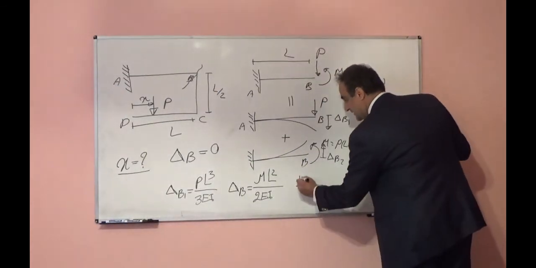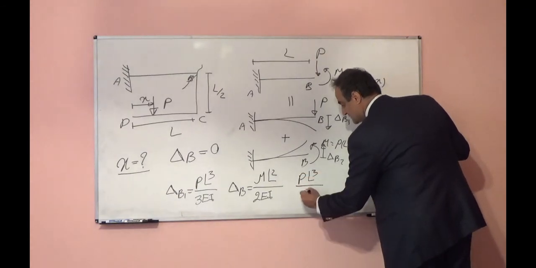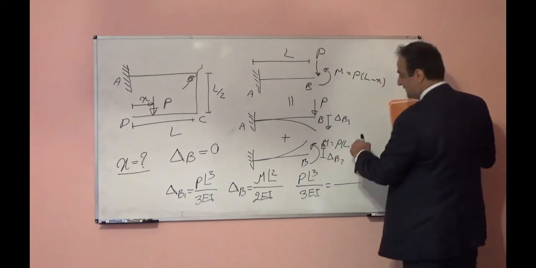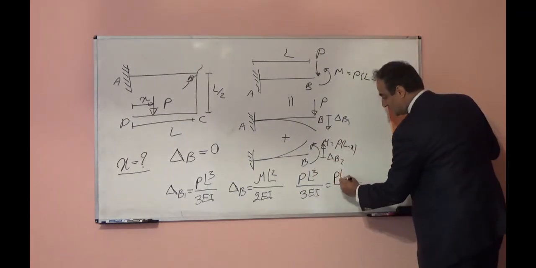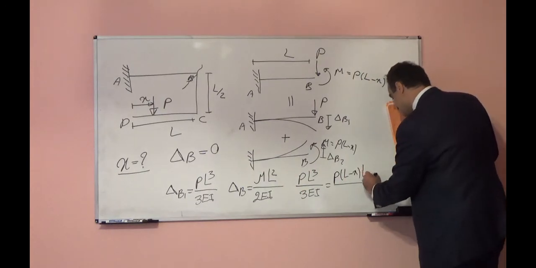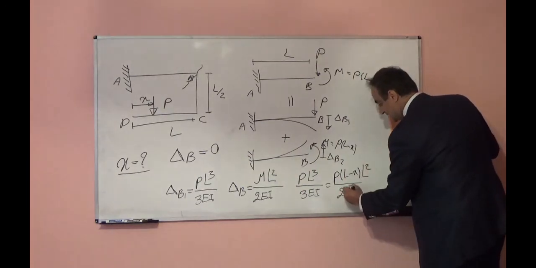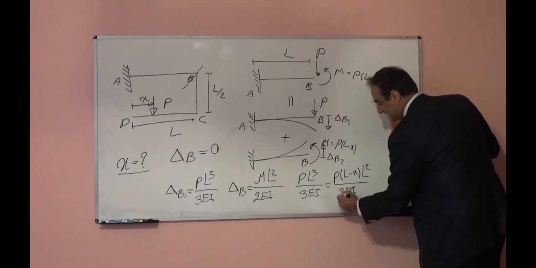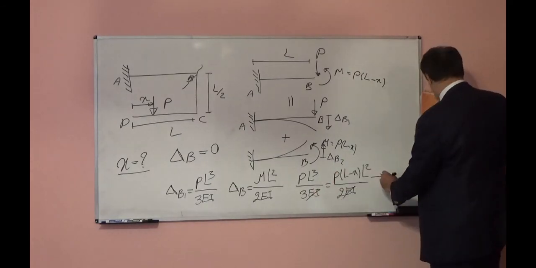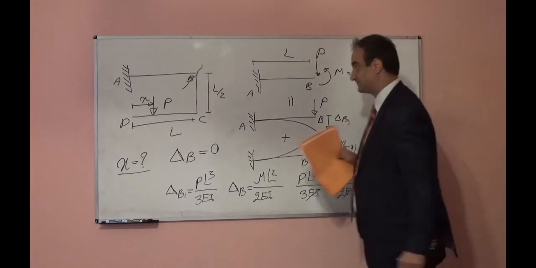So P L cubed over 3EI should be equal to M. Instead of M, you can put the magnitude P times L minus X times L squared over 2EI. EI and EI from both sides will cancel. From here, if you find X, you will find X is equal to L over 3.